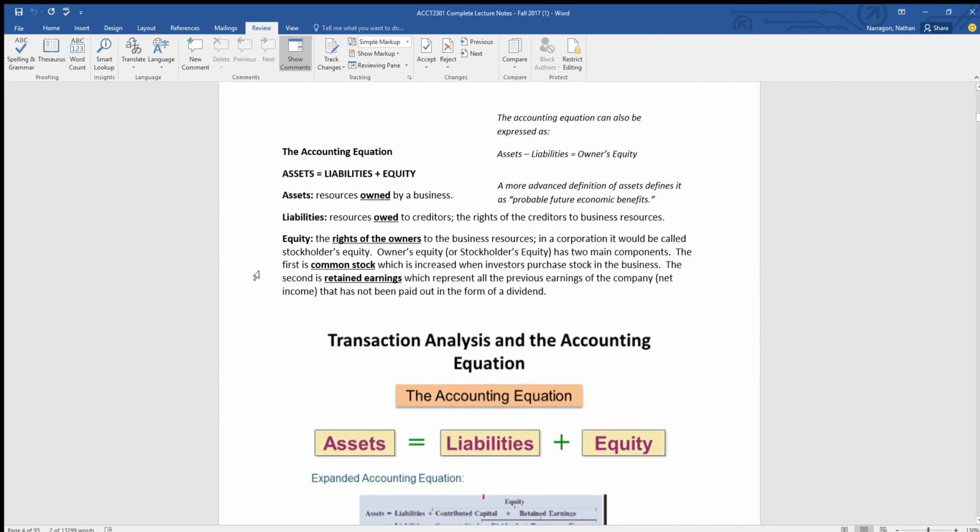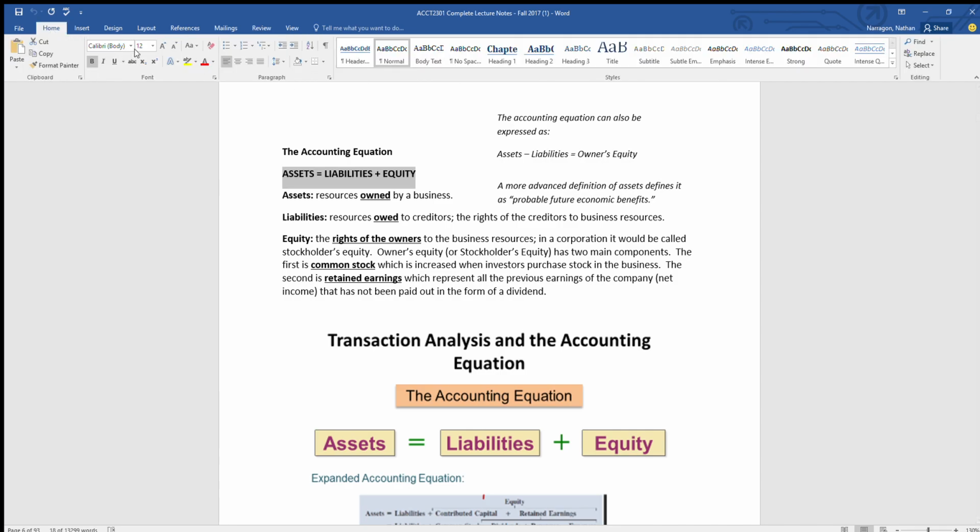So now, the big bad boy. If there's anything that you learn while we start off, it is our formula right here. This is the major formula of all accounting, the holy grail formula. Assets equals liabilities plus equity. So if you have your notes open, highlight that, do whatever you need to, memorize that.